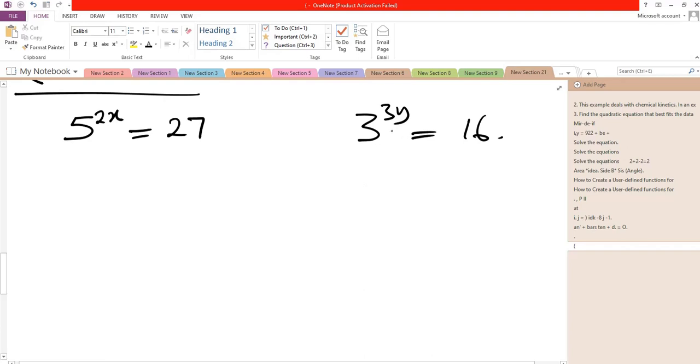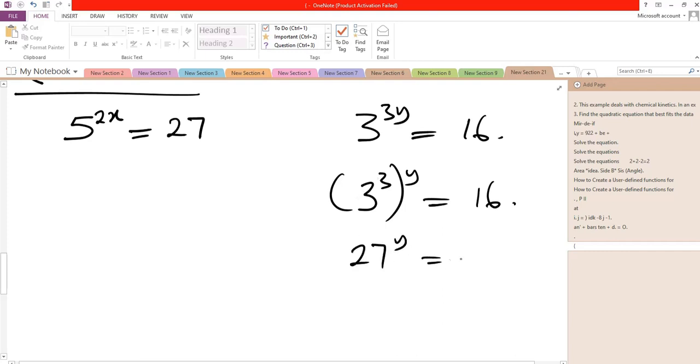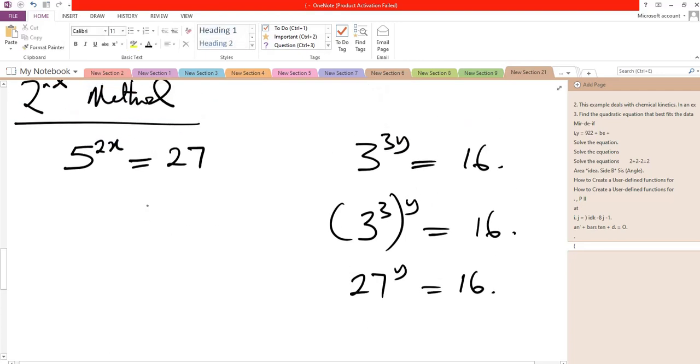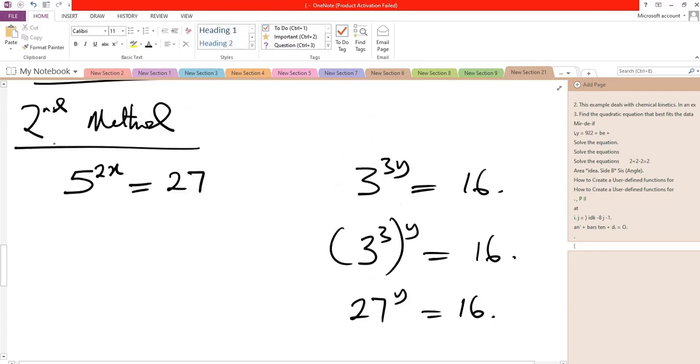So 3 to the power of 3y can be expressed as 3 to the power of 3 raised to the power of y is equal to 16. Now 3 to the power of 3 is 27 raised to the power of y equal to 16.